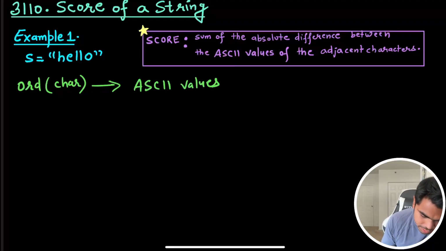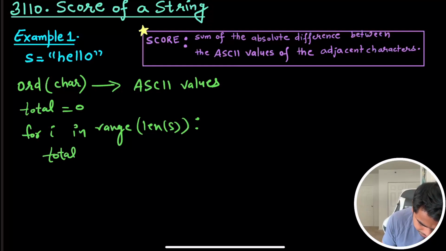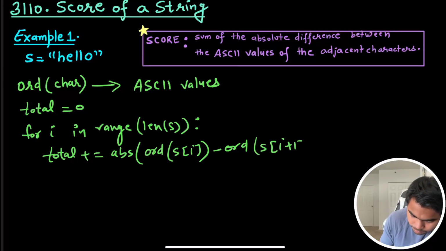So what we'll do is we will have a variable called total, and then for i in range length of S. I'm writing the pseudocode or actual code, whatever you guys want to call it, and then we will be summing up everything, taking the absolute difference of ord of S at the i position and ord of the S at the i plus 1 position.